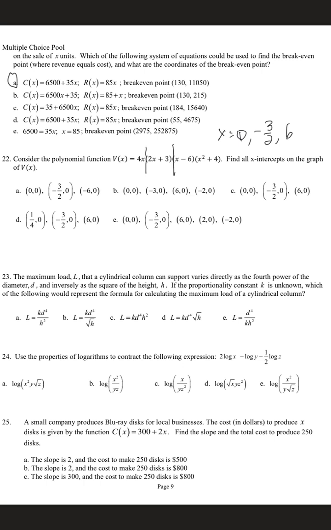But I want you to be careful. If I asked for the solutions, it would have 3 real and 2 complex, which would be plus or minus 2i, I guess it is. But they're asking for the x-intercepts. And the x-intercepts physically are where they touch across the x-axis, so these are not part of that. So it is answer C.